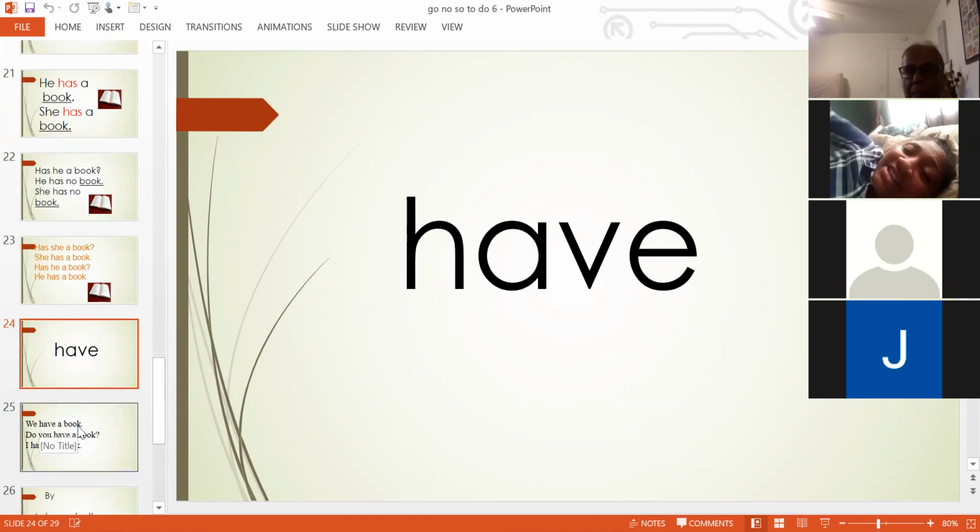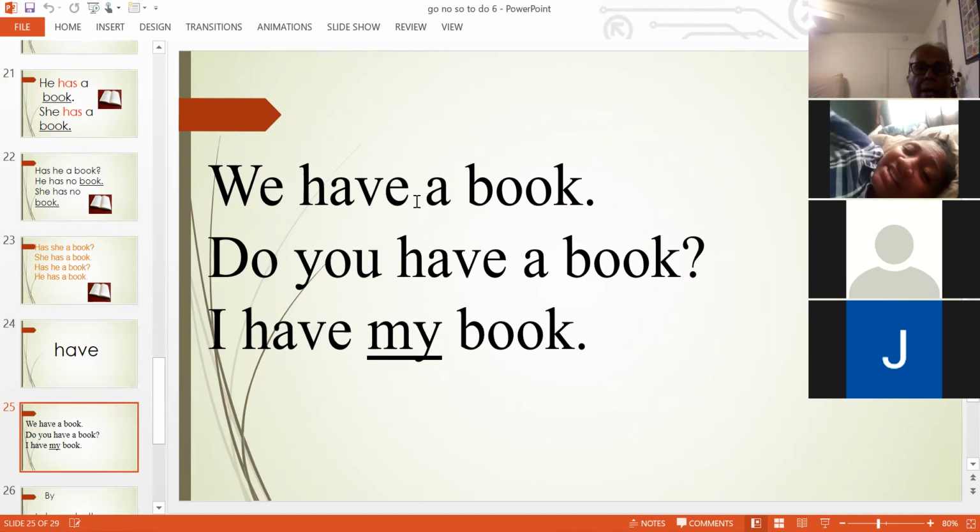Then let us make some sentences. We have a book. Before was he has. Now we say we have. Do you have? I have. So we introduce here, we have, you have, I have, without telling them you are doing grammar. They are learning to speak, they are learning to use these words.